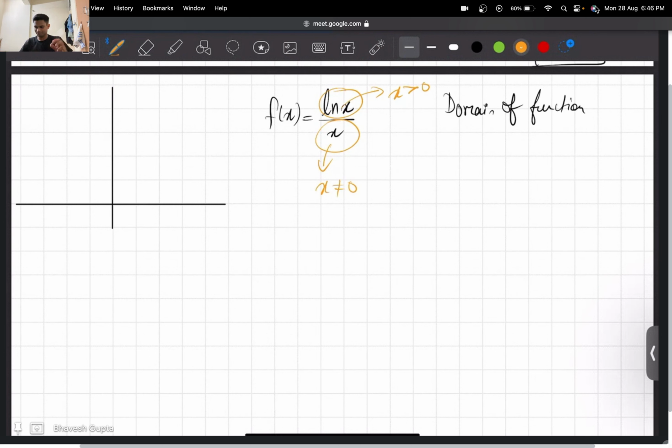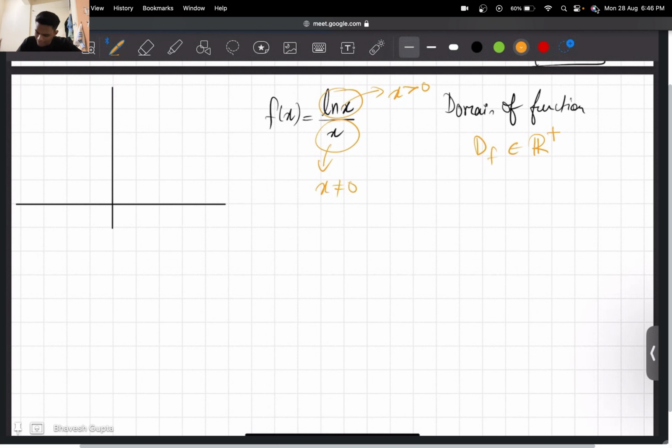So the domain of the function belongs to R plus, the positive real numbers.